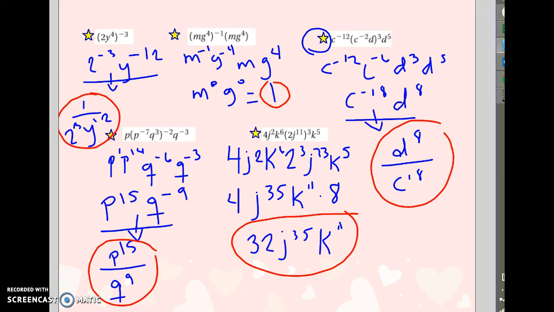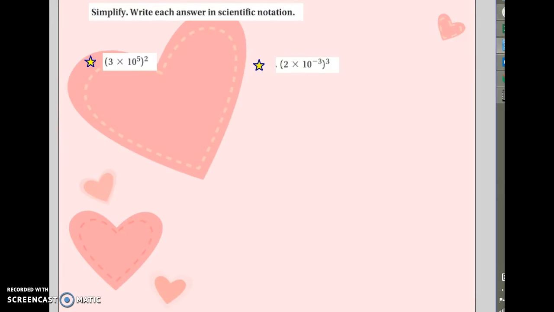Okay, so go ahead and check your answers. Alright, so here's a little more scientific notation. Basically what you're going to do with these is rewrite it so that it is whatever the exponent says.